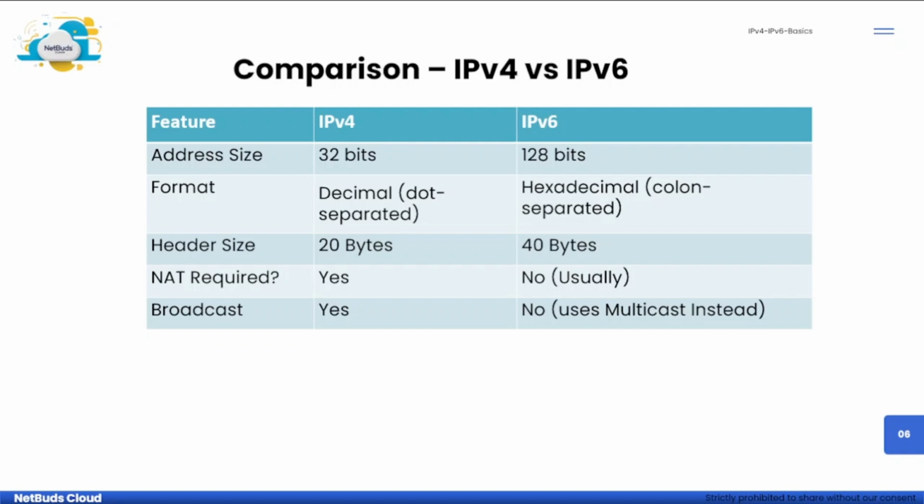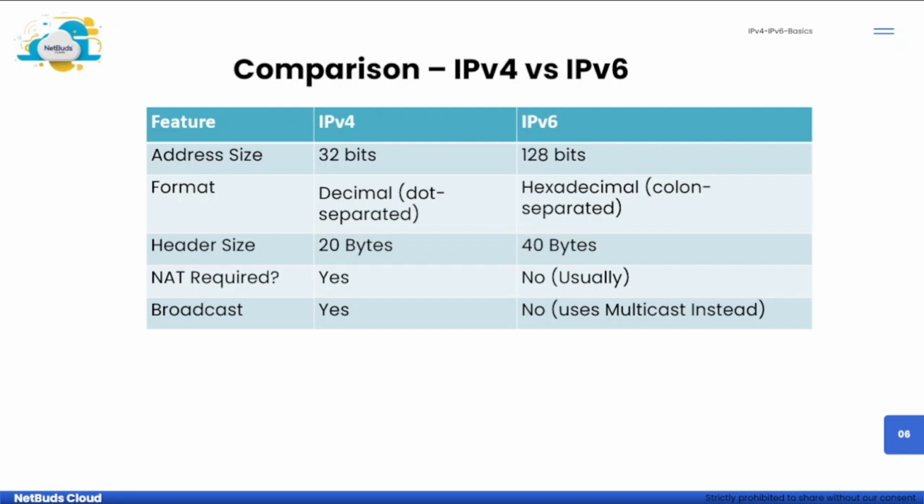Format wise, IPv4 is written in decimal and separated by dots, but IPv6 is written in hexadecimal and separated by colons. Header size. IPv4 uses 20 bytes of header and IPv6 uses 40 bytes of header.